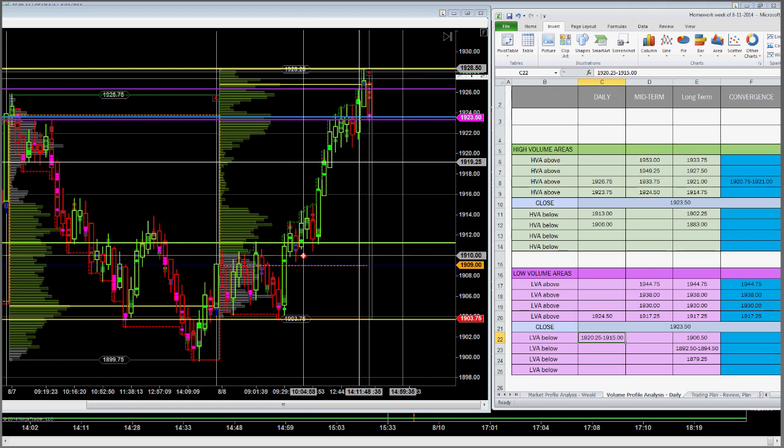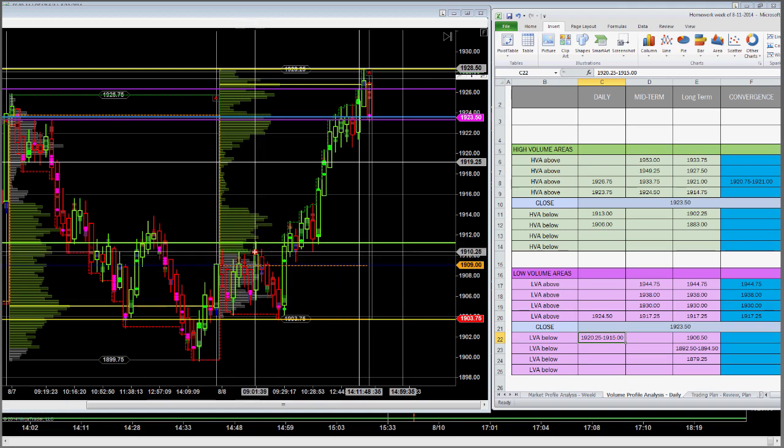So what I'm looking for, and I need to make this really, really clear, is I'm not just looking at low volume areas, I'm looking at price action, and I'm looking to see if the price action confirms that it was a fair or unfair price. When price is below it, did it act like an unfair high? Meaning, did price come off of it?